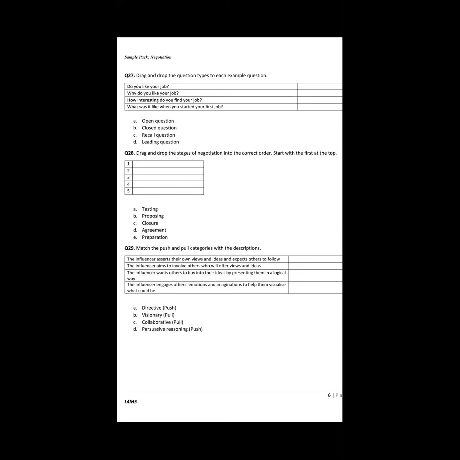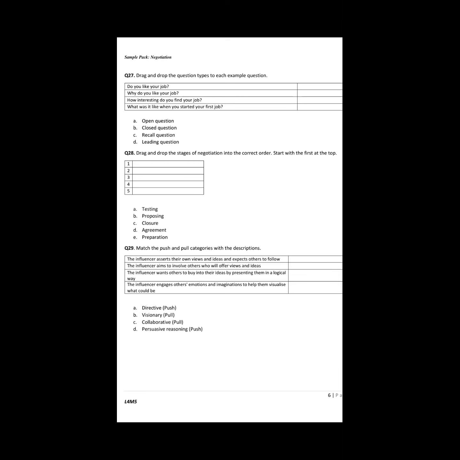Okay. Question 29. Match the push and pull categories with the description. Okay. So directive, visionary, collaborative, persuasive. The influencer accepts their own views and ideas and expects others to follow. Directive. That is okay.